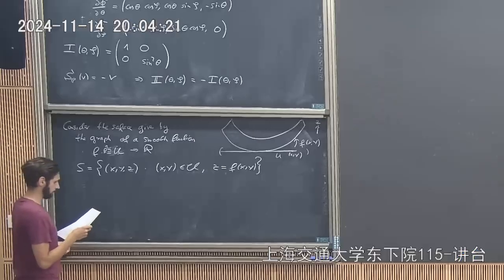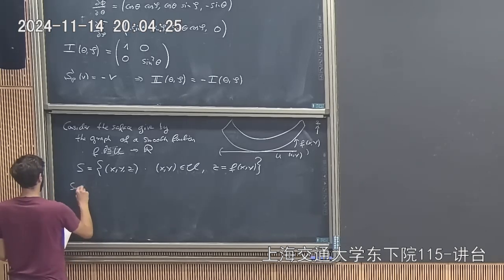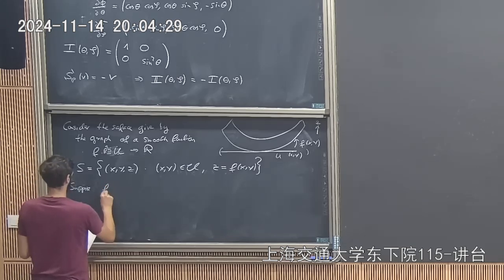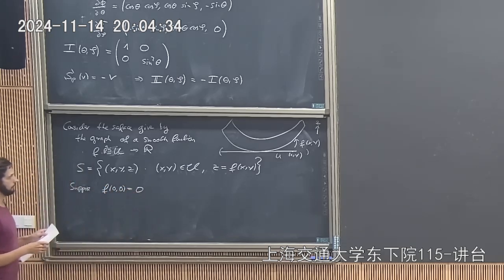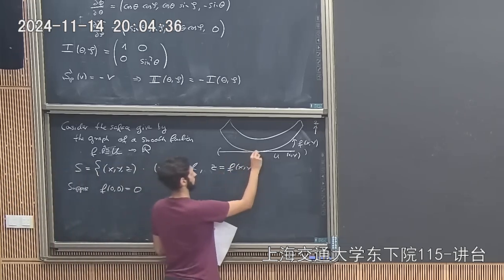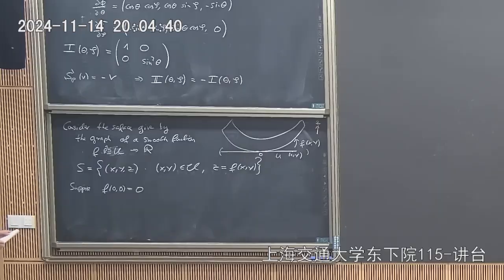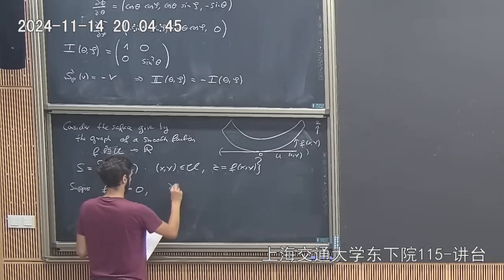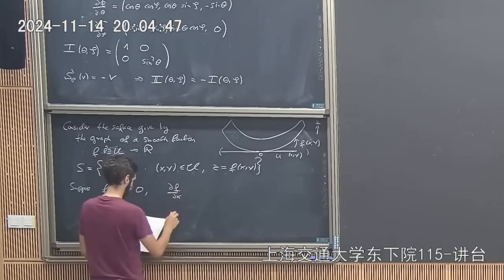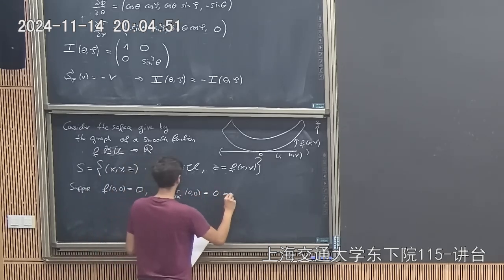And suppose that f of 0, 0 equals 0. Essentially we have a zero point where the function intersects, and we also would like the gradient of the function at 0 to vanish.